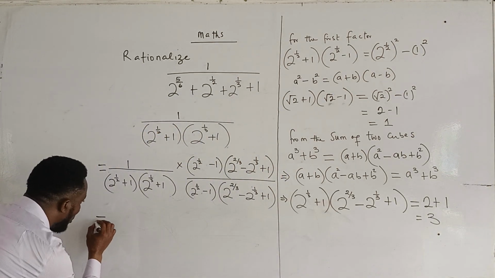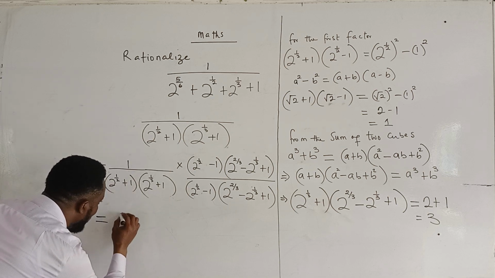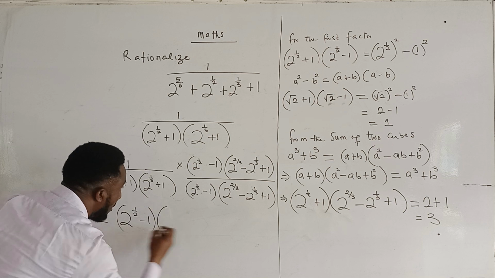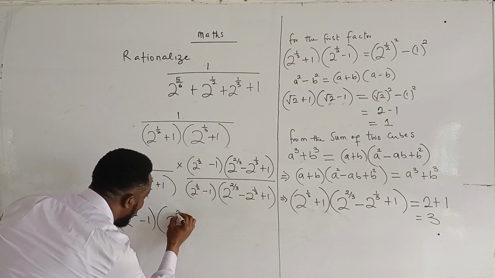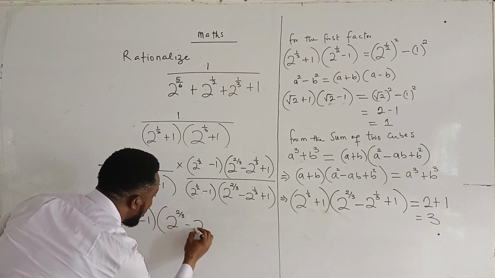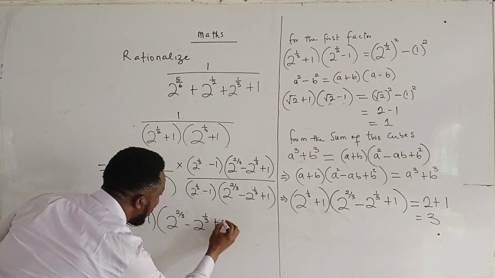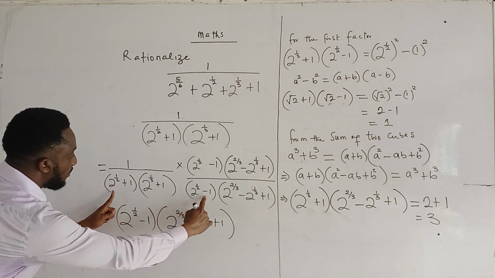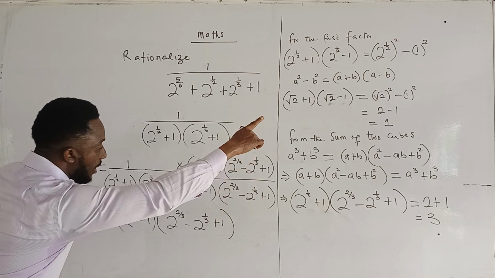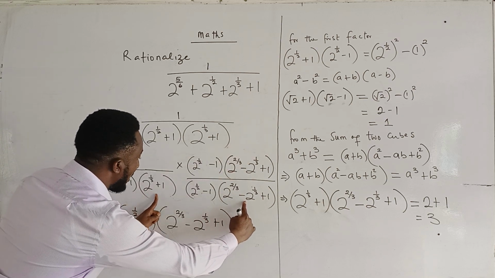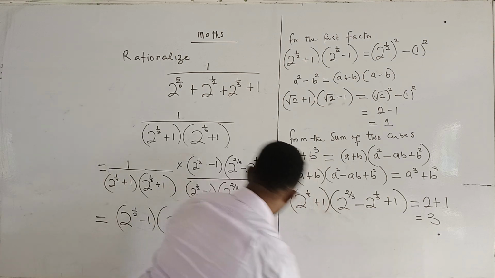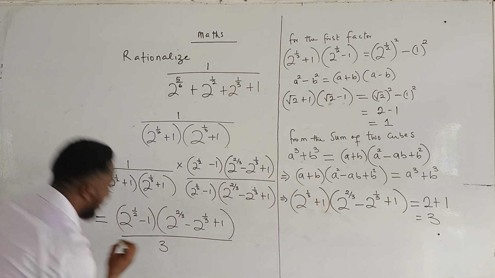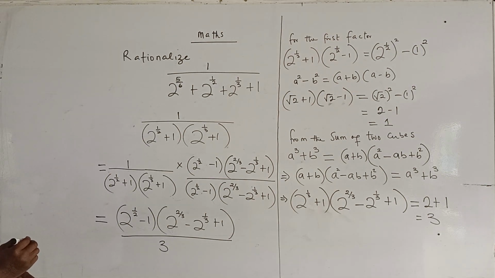Now I'm only going to retain the numerator: 2 to the power of 2/3 minus 2 to the power of 1/3 plus 1. Now, like I said, if you multiply this with the conjugate, you are going to have 1. If you multiply this guy with the conjugate like you have here, you have 3. So everything divided by 3. So this is the solution to this problem.